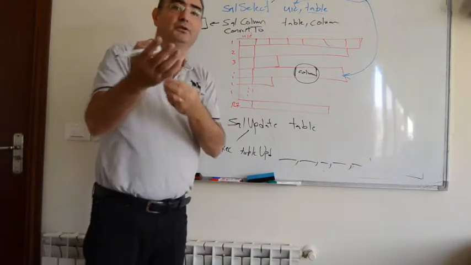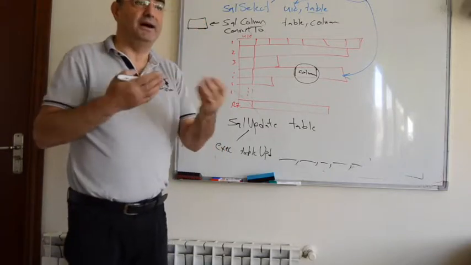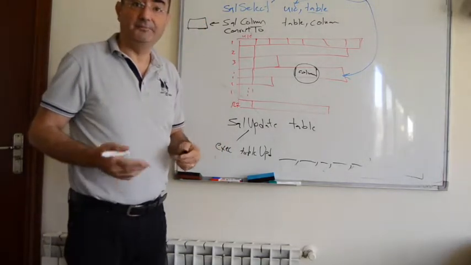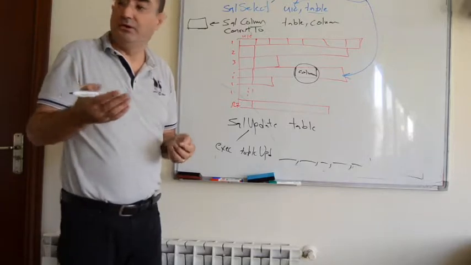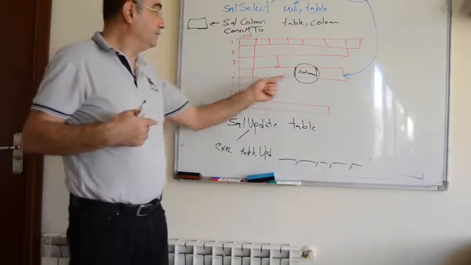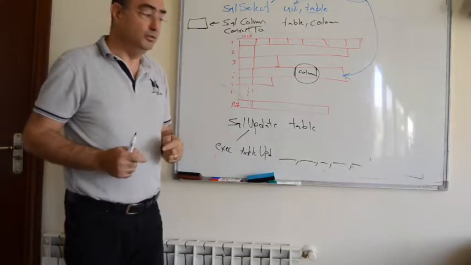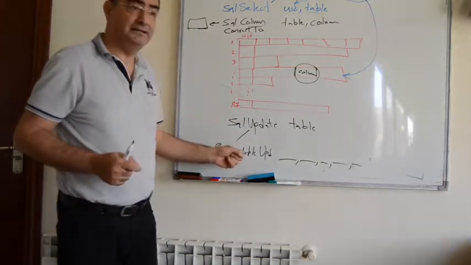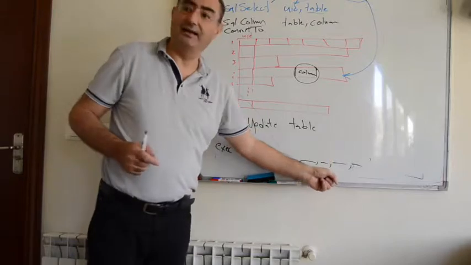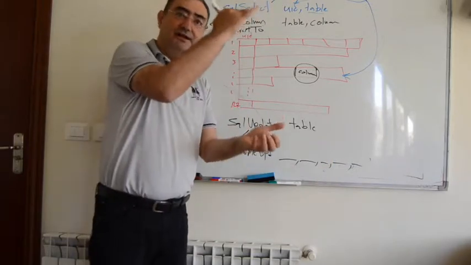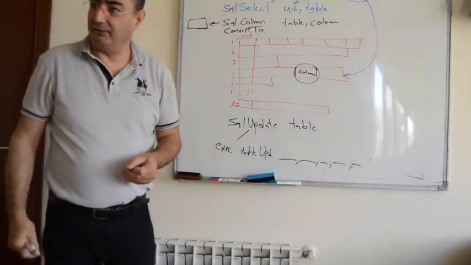So I gave you a way to modify the values inside it. The user interface in Prosper would allow you to modify in a form what you want to do, and the SQL update will take these values that you wrote and will send them to the database.